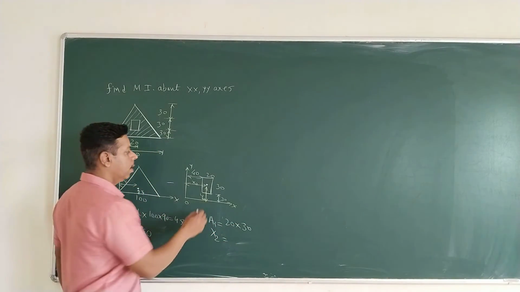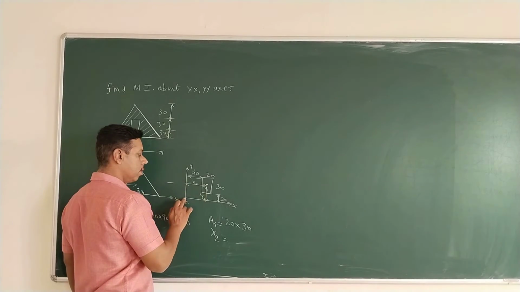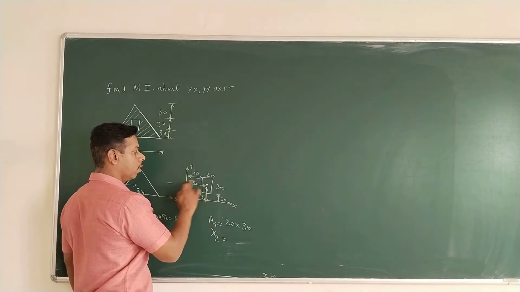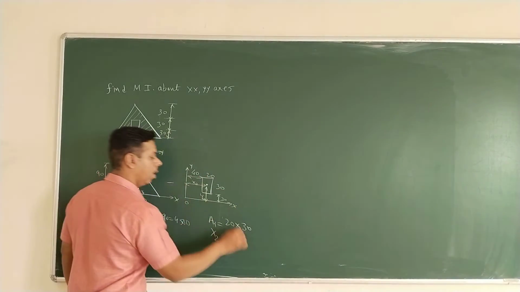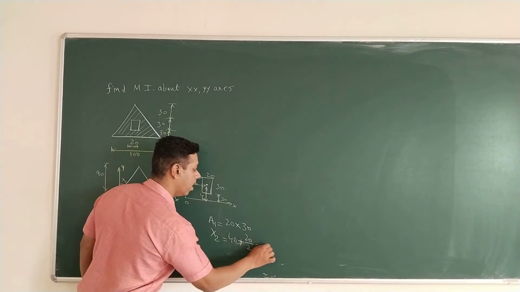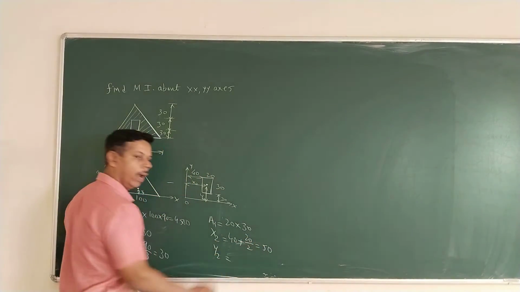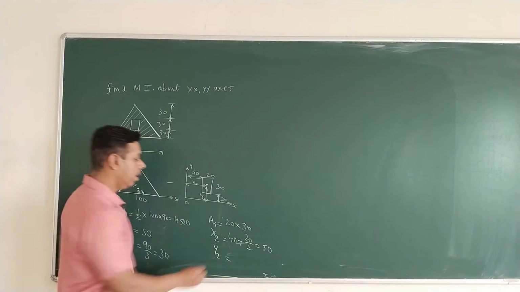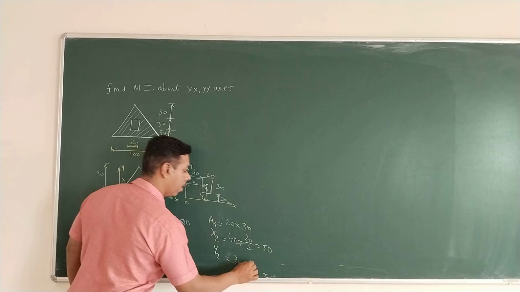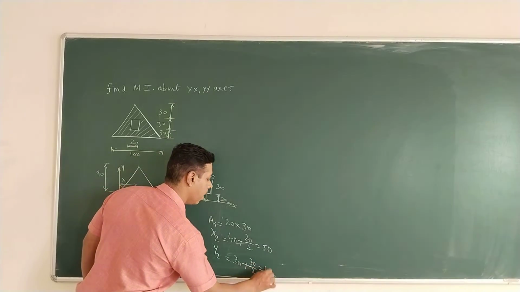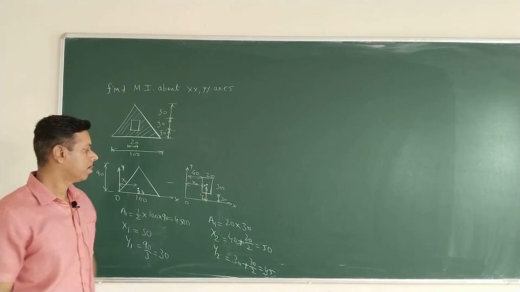Now x2 is this horizontal distance of centroid from origin. Horizontal distance x2 is 40 plus 20 divided by 2 is nothing but 50, and y2 is 30 plus 30 divided by 2 and is 45.